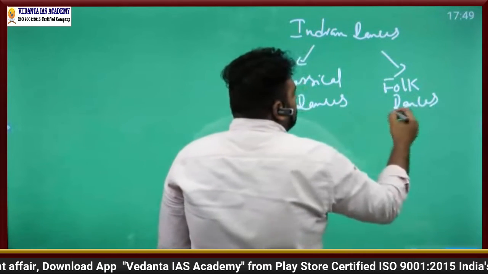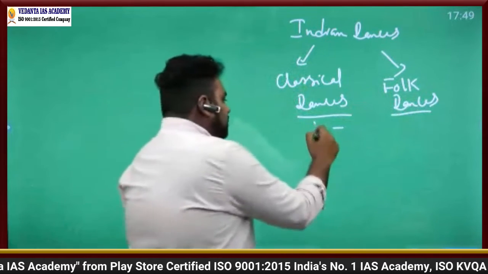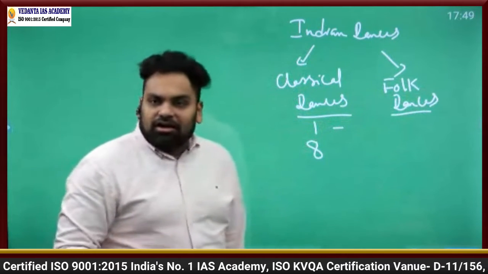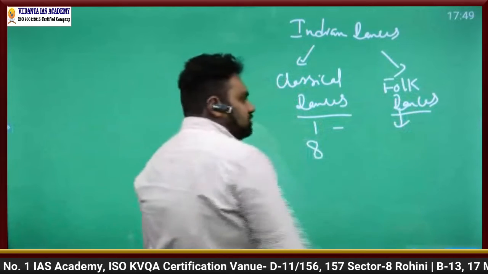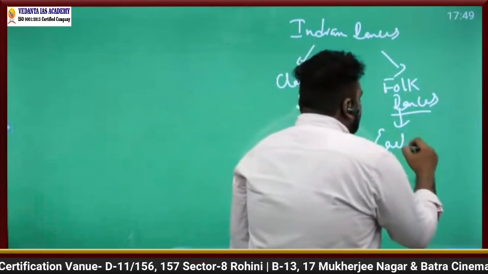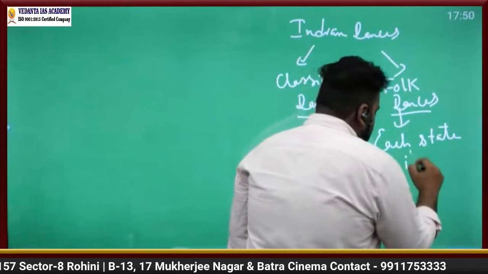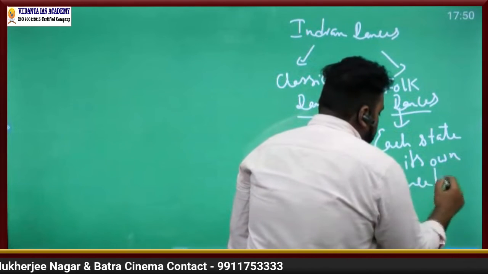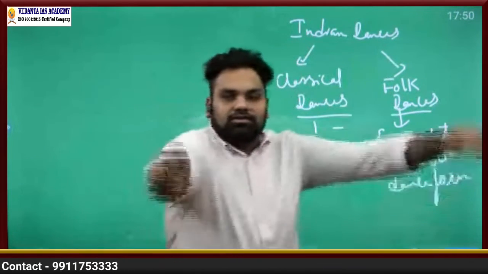There are about 8 classical dances like Bharatnatyam, Kuchipudi, or Kathakali, right? All these are the classical dances. Then we have the folk dances. We are going to read about that, where each state has its own dance form.